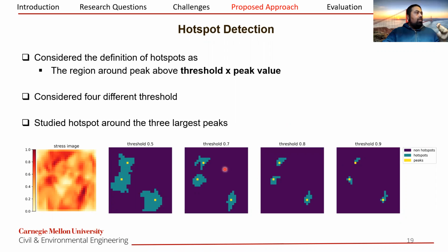We study these details with only the 3 largest peaks. We are not considering all the peaks, but for now we are just focusing on the 3 largest peaks, and we wanted to understand the pattern, how the model is behaving with these variations.